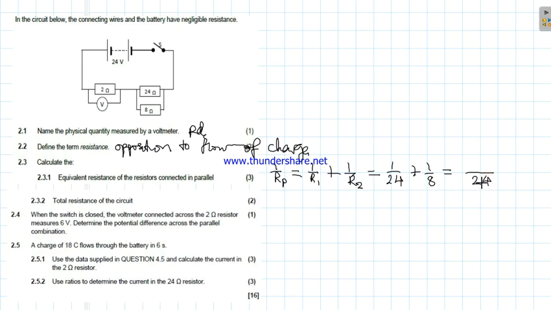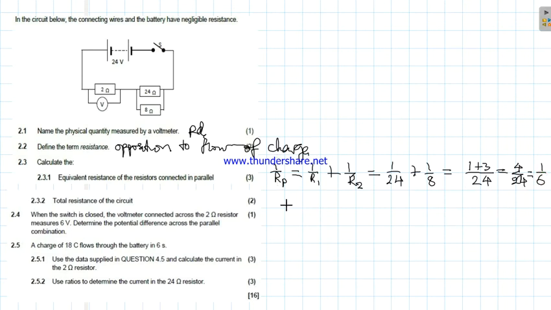Okay, so it's going to be 1 plus 3, and that gives us 4 over 24, which is equal to 1/6.